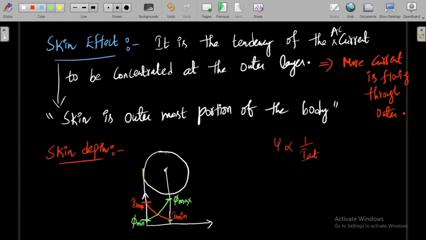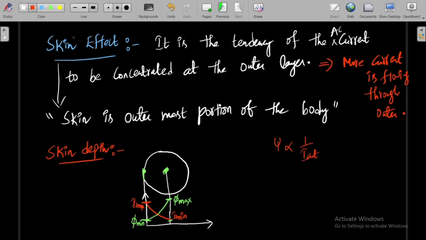This is the center of the conductor. This is the cross sectional view of the conductor, and this is the center of the conductor and this is the outer surface. So from the outer surface to the center, the variation of the current will be like this in a reducing manner and the variation of the flux will be like this.